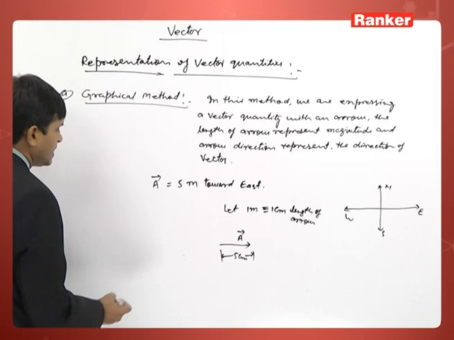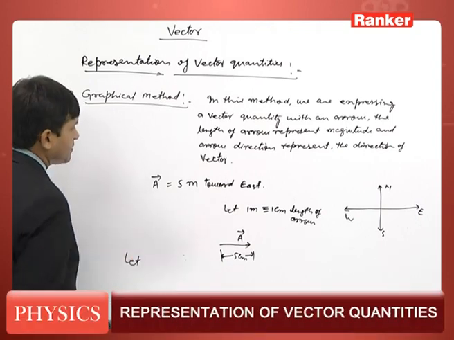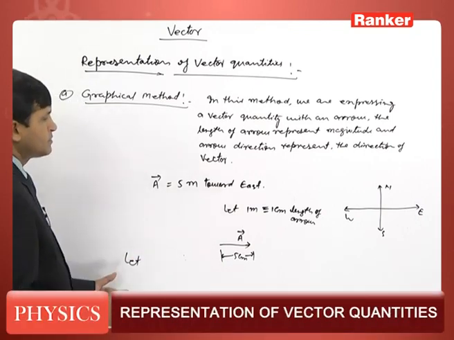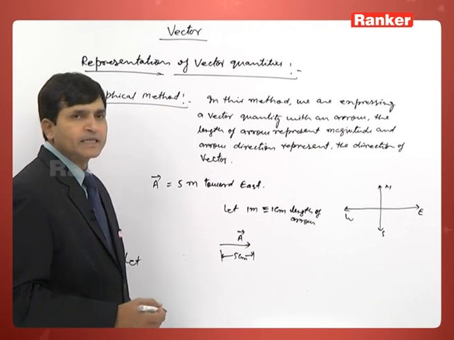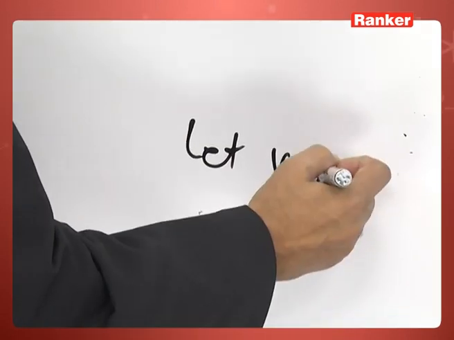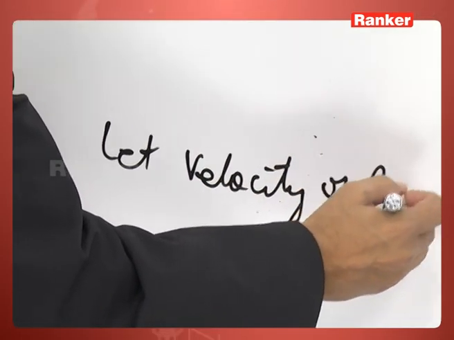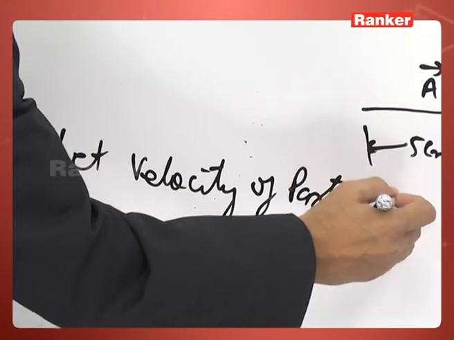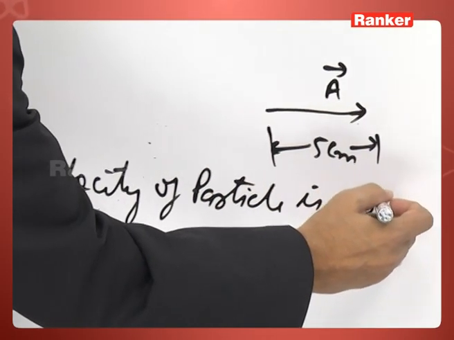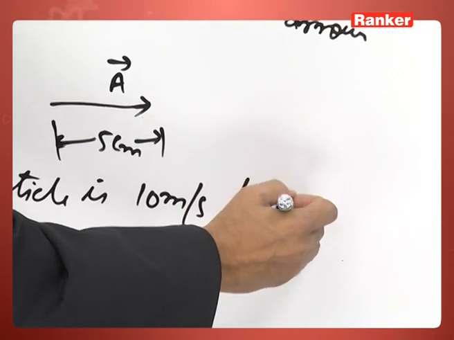Similarly, if another vector is given, let the velocity of a particle be 10 meter per second towards north.